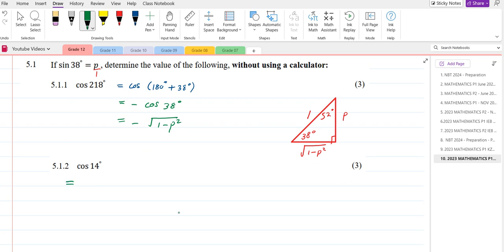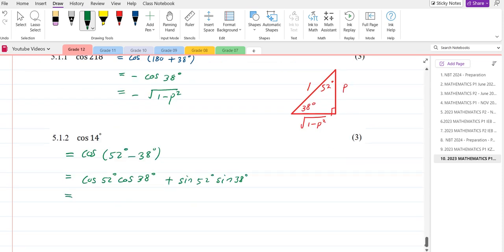This is the same thing as saying cos of 52 minus 38. Now the expansion for cos is cos 52 from the formula sheet, cos 38. Do we take the same sign? No, opposite sign. Cos 52 cos 38 plus sine 52 sine 38. So nice question on compound angles, right?